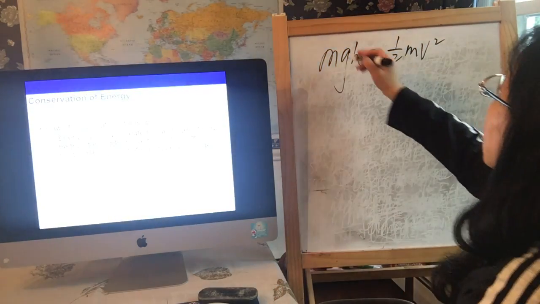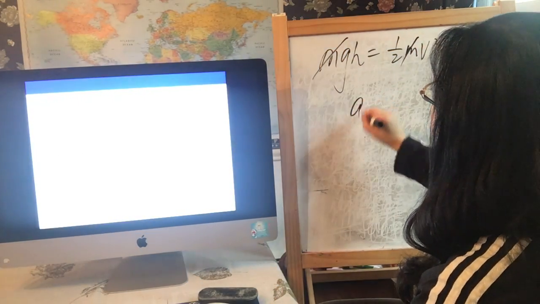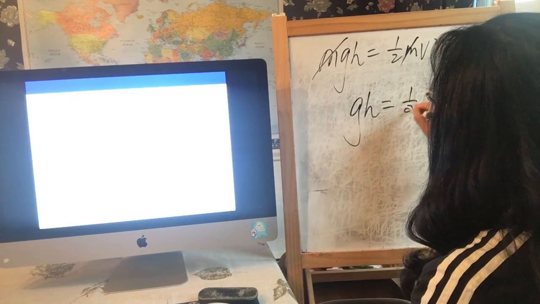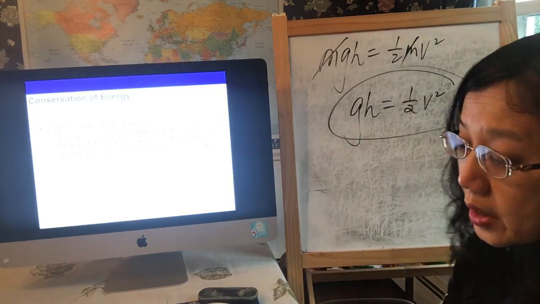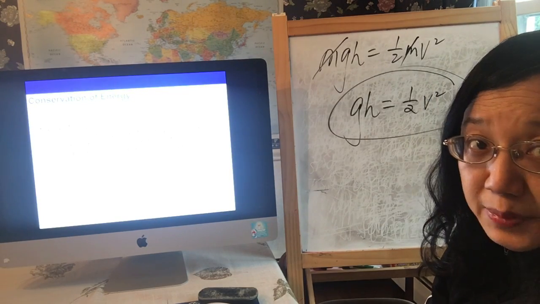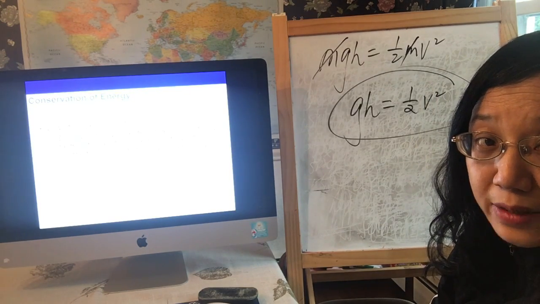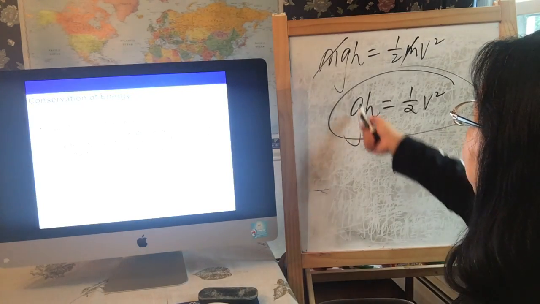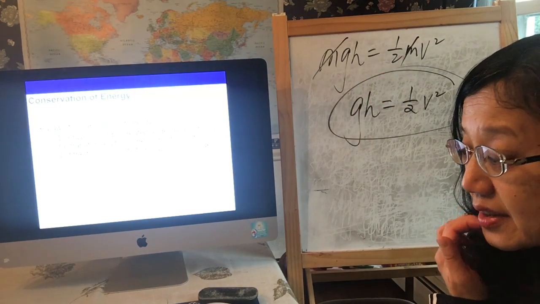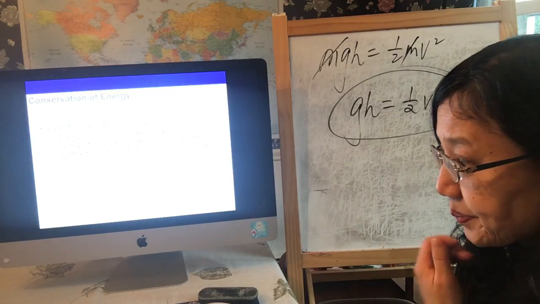If you look at this, the mass is the same, so I can cancel it. gh equals 1/2 v squared. So in other words, if I drop different objects, and the mass is different, it doesn't matter, because mass is irrelevant in this situation.